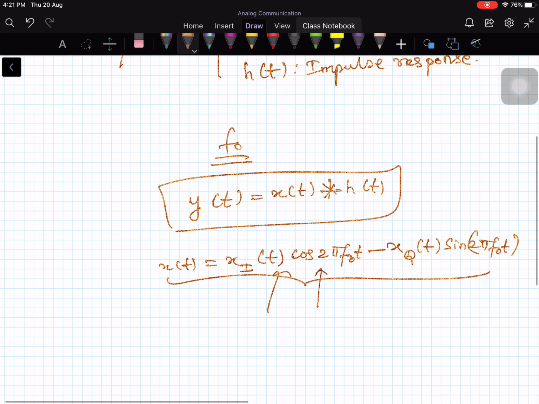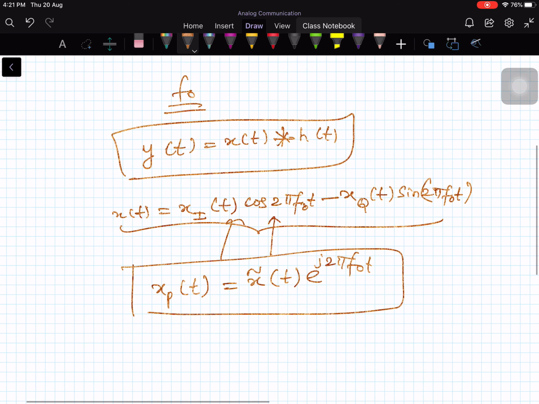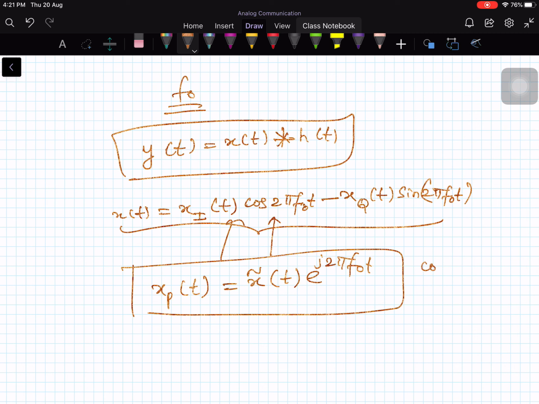Now if you take its analytic expression x p of t, it is the frequency translated version of a complex low pass signal x tilde of t times e to the j 2 pi f naught t, and this has a name called complex envelope representation. I forgot to tell you this name for this particular representation.